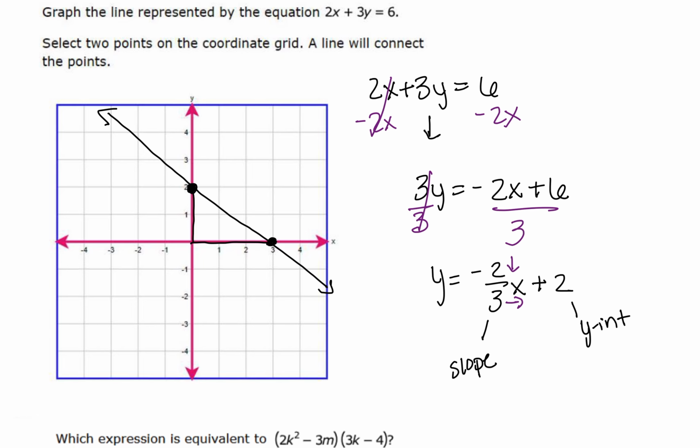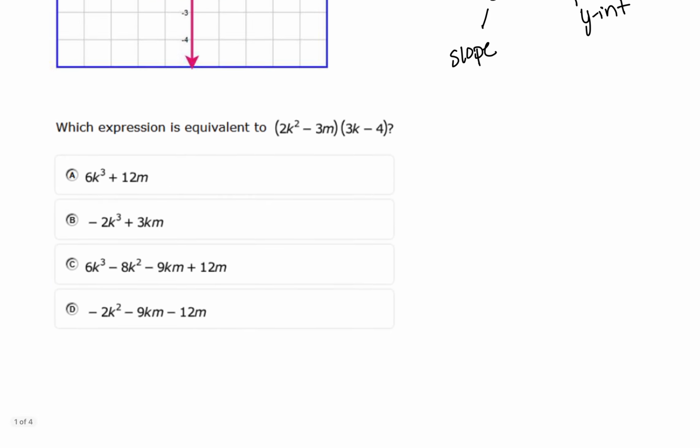And then that's it. Now here, this is either going to be box or distribute method. Now, if you do box, you're going to get the same answer. Okay, so you're going to do 2 times 3, which is 6. And then you add your exponents, which is k to the third. Then you're going to do 2 times negative 4. That's negative 8k squared.